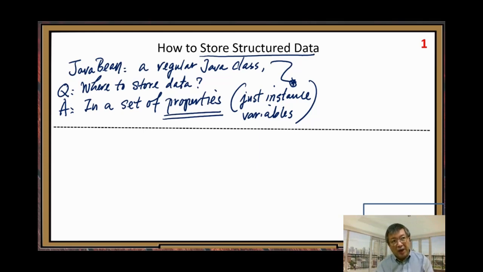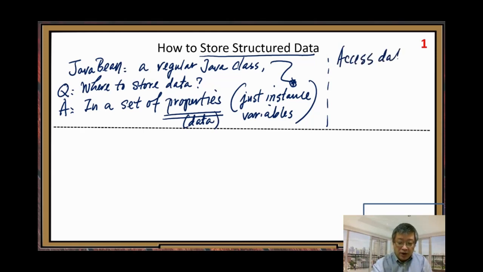Because later, when we talk about the JavaBean concept, we usually use properties. But the instance variable, the property, that's the data part, right? Then, after that, you need to access data.